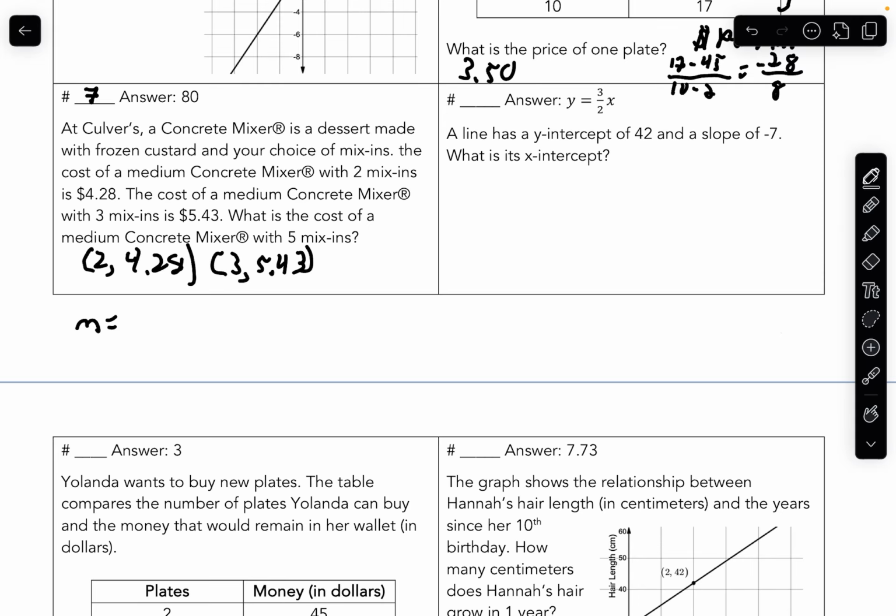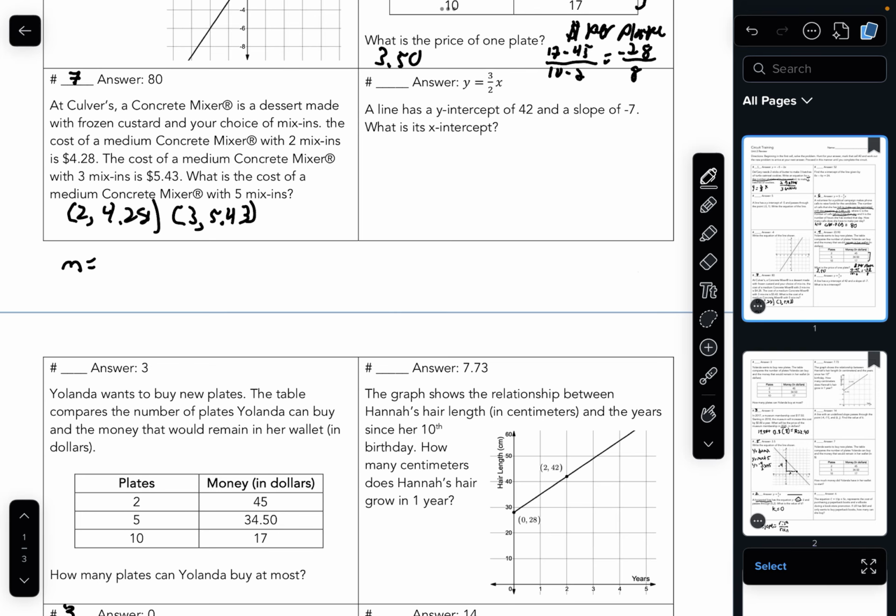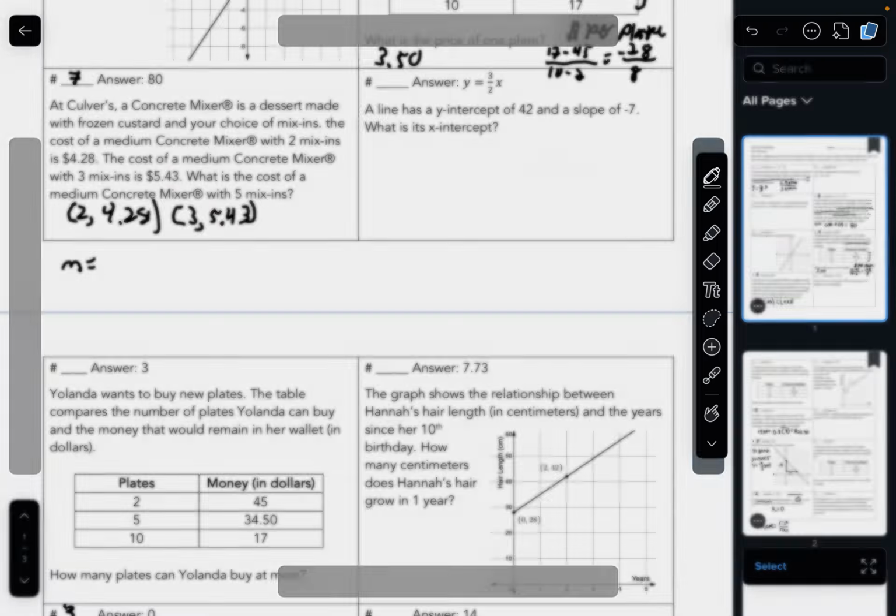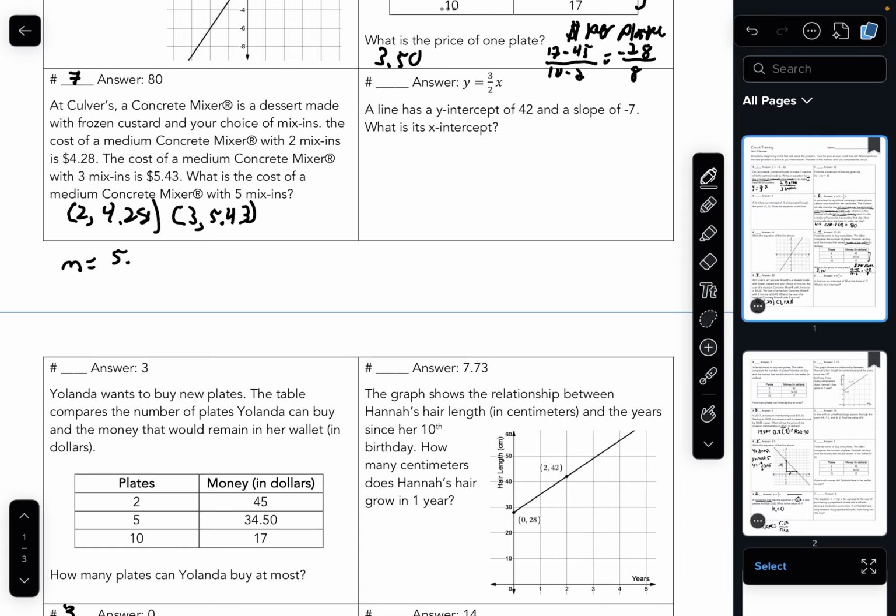Okay. So what we're going to do is take the change in y, the output, that 5.43 minus 4.28, that's the y values. Notice it's between the 2 given points. Notice how I wrote that information as points, as ordered pairs.